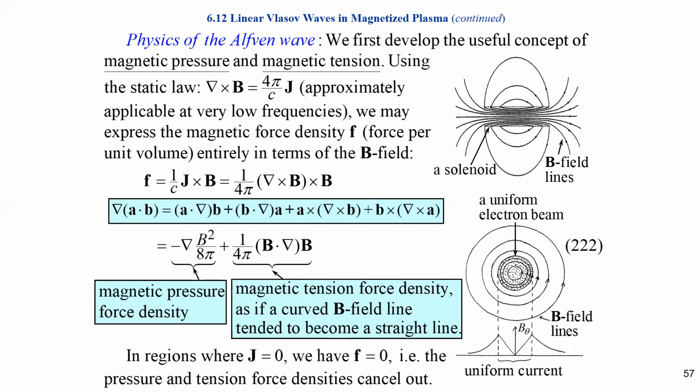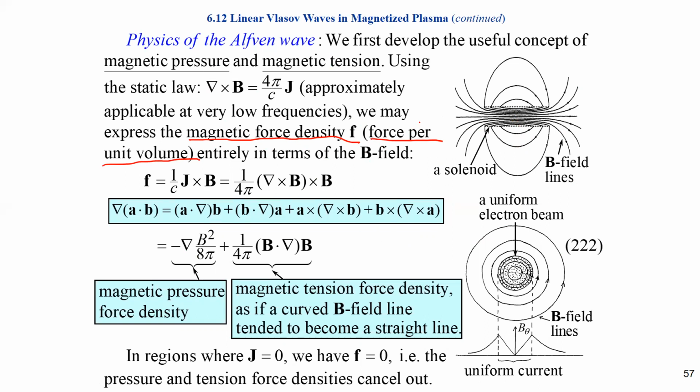So here you can see the B line tends to become a straight line. There is a force density, and a magnetic tension force here. So we have two forces per unit volume. That's called force density: the magnetic force density, force per unit volume.